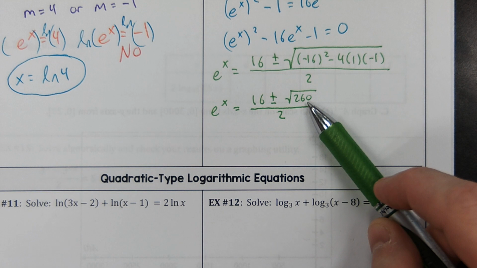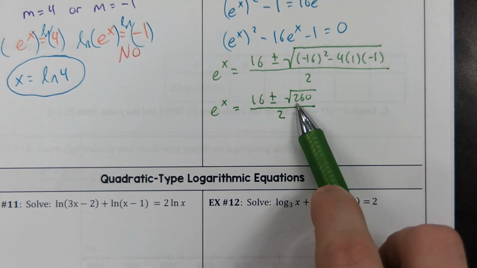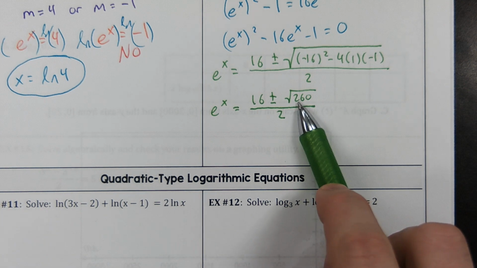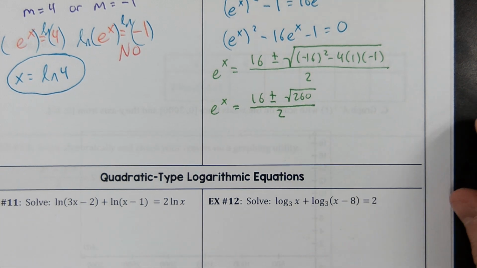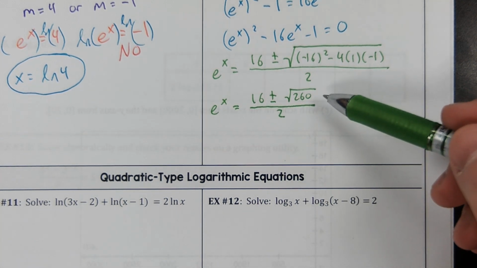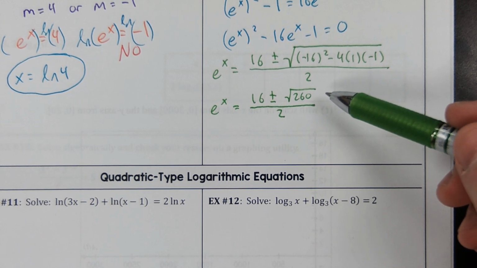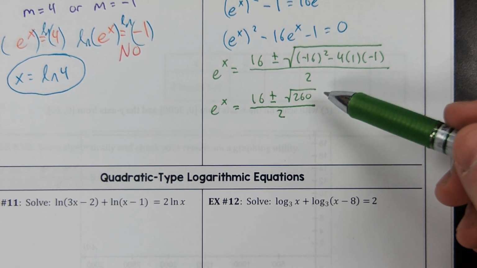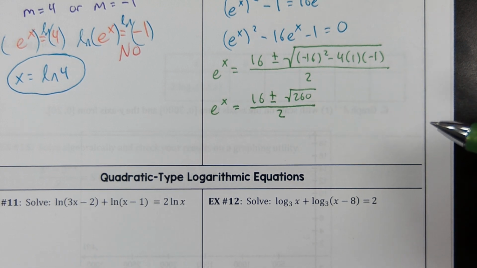Yes, then 260 is divisible by 4, because every 100 is divisible by 4. So all you have to worry about is the last 2 digits. It's going to be 4 times 65. And 65 is 13 times 5.